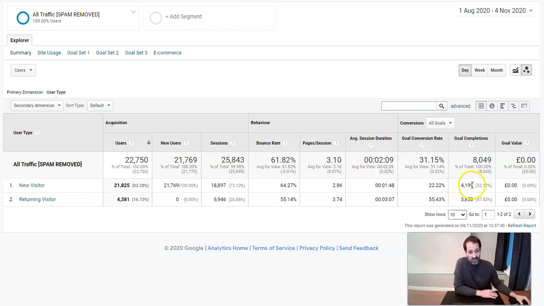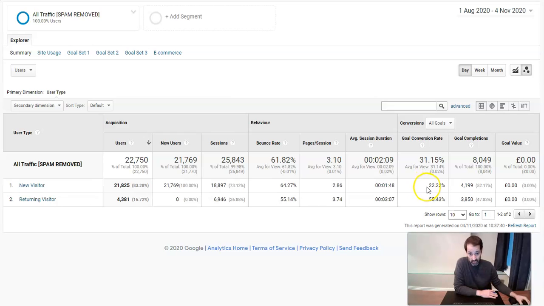That totals about 4,100 or 4,200 people who completed a goal. At 22%, that means about 1 in every 5 people arriving at the site ended up completing a goal.